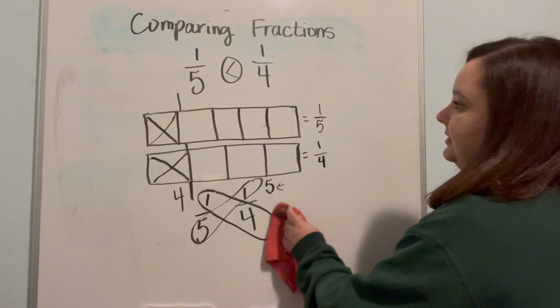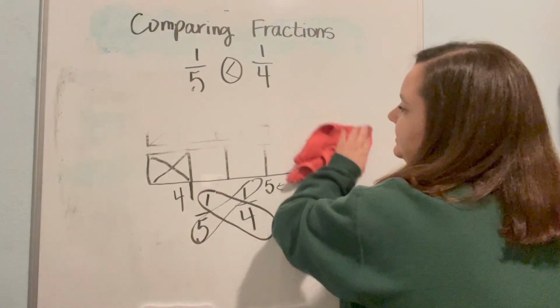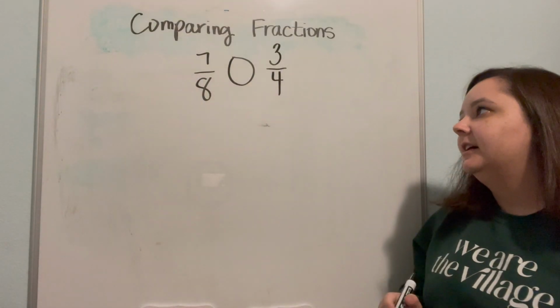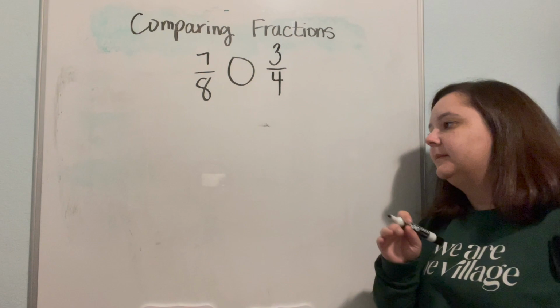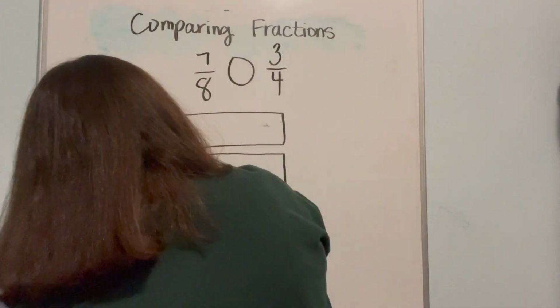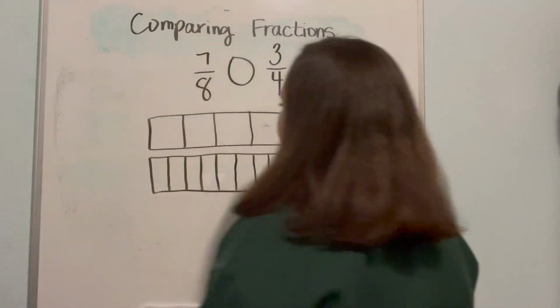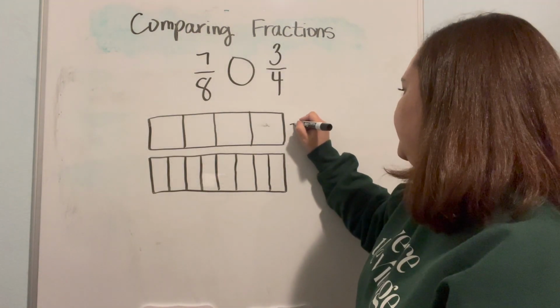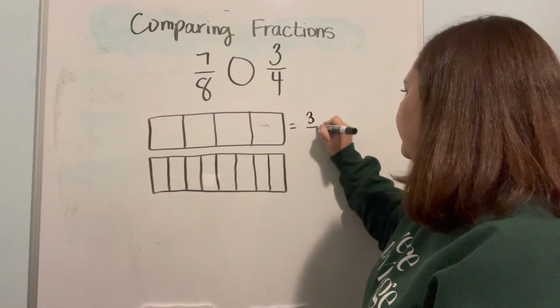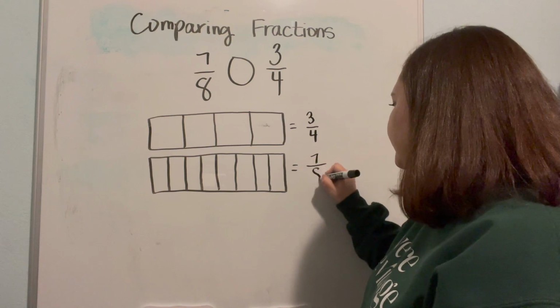All right, let's go ahead and try this on a different set of fractions. All right, so now we are comparing 7/8 and 3/4. I'm going to go ahead and draw the models. All right, so this top one is representing our 4ths. So here we have 3/4, and on the bottom we have our 8ths, which we have 7/8.